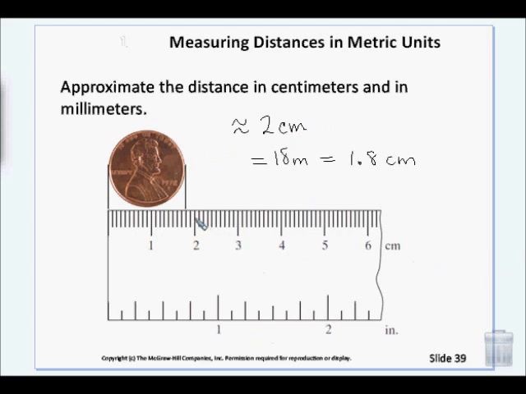As you can see, 1 inch is about 2.5 centimeters, not quite exactly, because 5 centimeters isn't exactly 2 inches, but it's close. Just to give you an idea of how big a centimeter is.